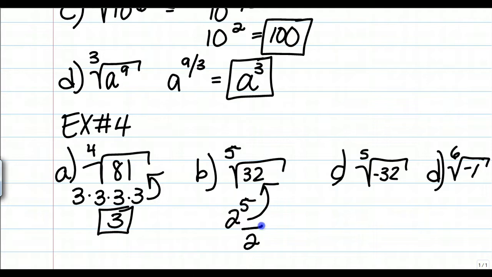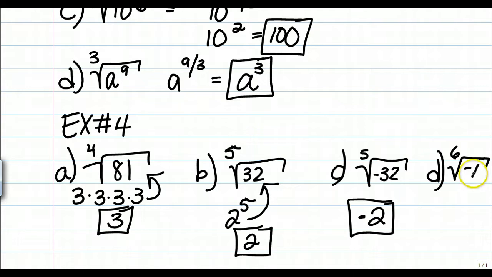So your answer is just 2. Here, it's a negative, and it's an odd number. Well, we know that when it's just 32, our answer is 2. However, it's a negative inside, and it's odd, so we know we can have a negative 2. And if you multiply that out 5 times, you will get negative 32.